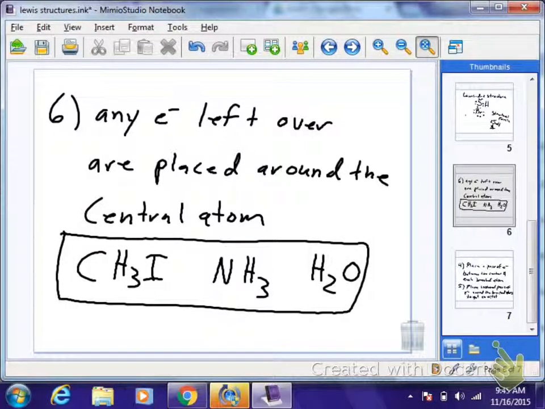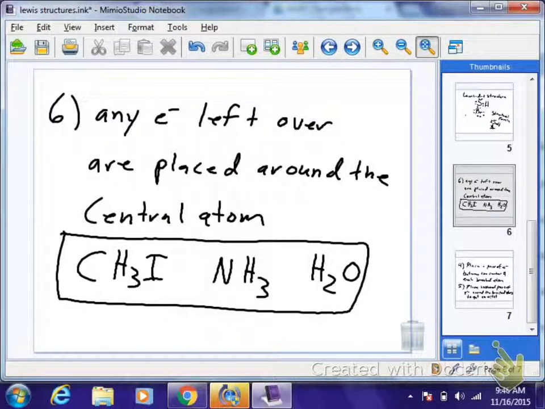How do you do them when there's more than one? Okay, good question. When we have a subscript, we write that symbol out 3 times. 3 identical hydrogens. If we have NH3, we write it out 3 times, or 2 times. And if that's the central atom, how would that work?